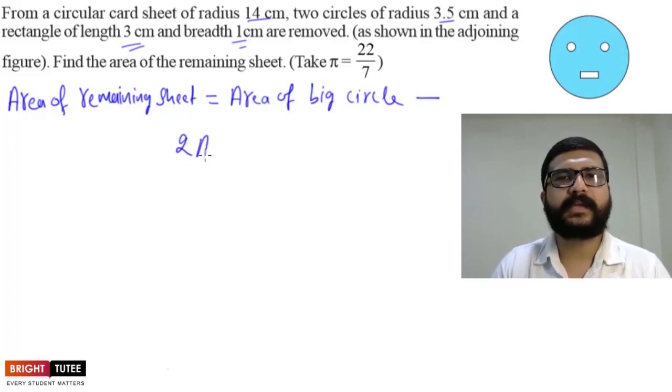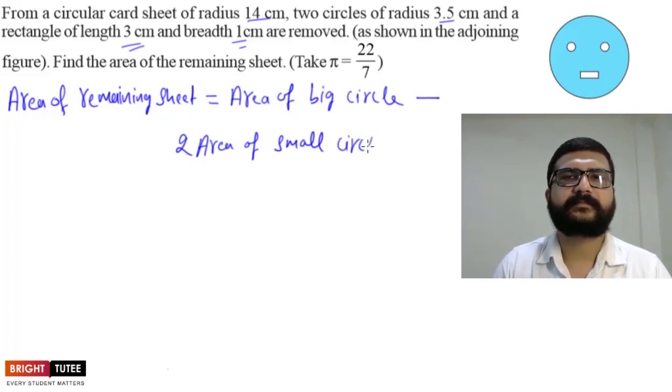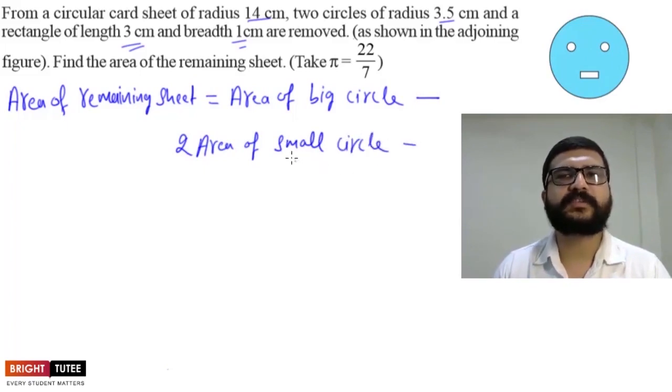So it will be 2 times the area of the small circle. And what else do we have to subtract? We have to subtract the area of the rectangle also. So minus area of rectangle.